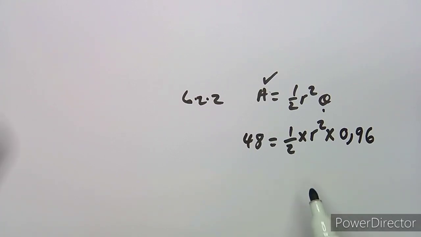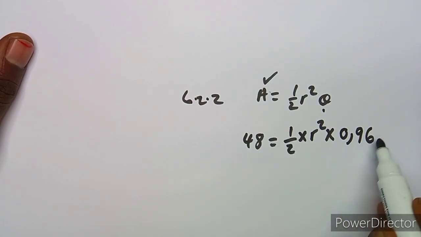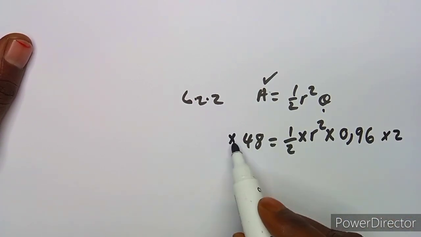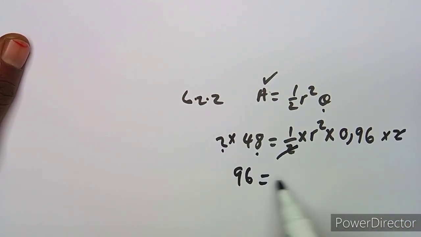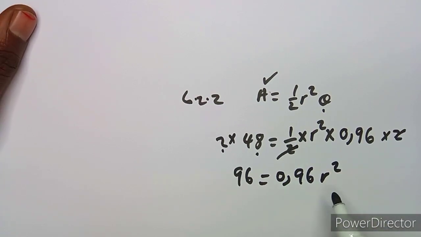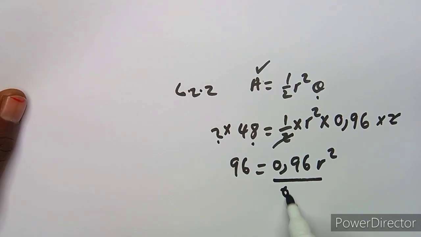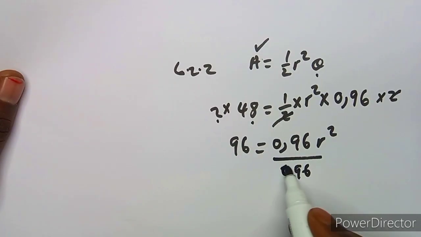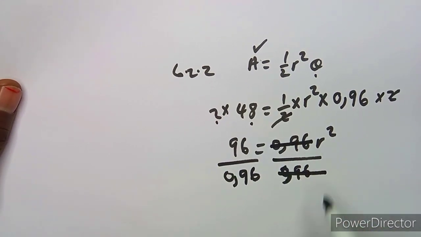That's it. So you can remove this by cross multiplying. It's going to be times 2 on both sides, so that this cancels. So it's 96 is equal to 0.96 r squared. Like I said, there are so many ways of solving equations, guys. Divide by 0.96, divide by 0.96, so this cancels.